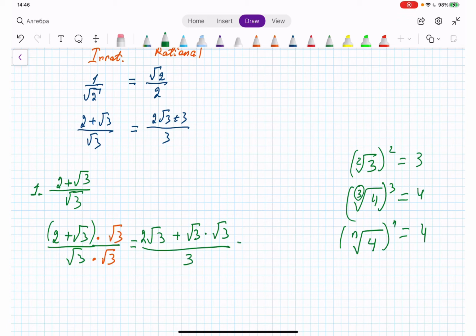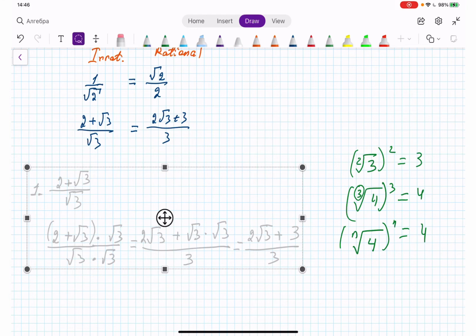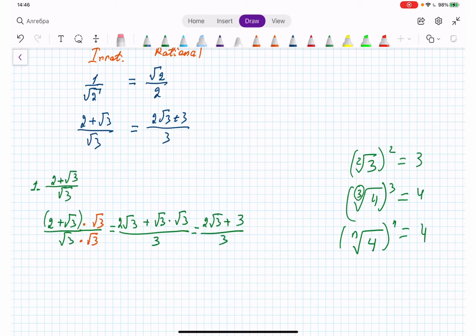So what do we have here? 2 square root 3 plus square root 3 times square root 3 is 3. And we have the result. We rationalized 2 plus square root 3 over square root 3. Next example.